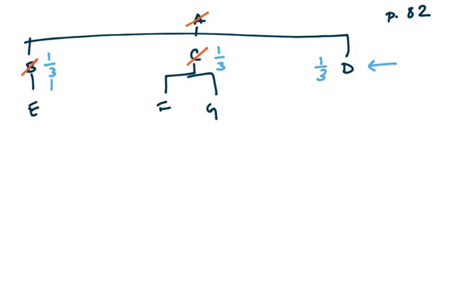So here, E would get 1/3. F and G would split this 1/3 here, so again, we divide by 2. That means F gets 1/6, G gets 1/6, and D gets the third.